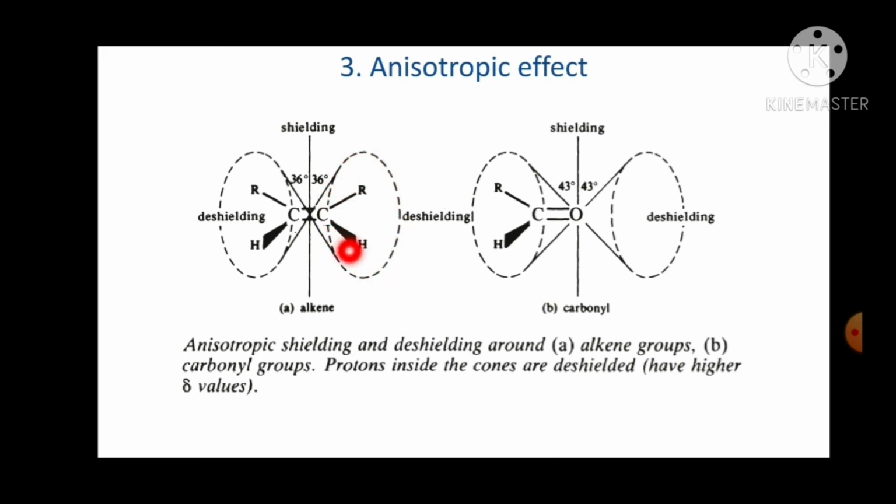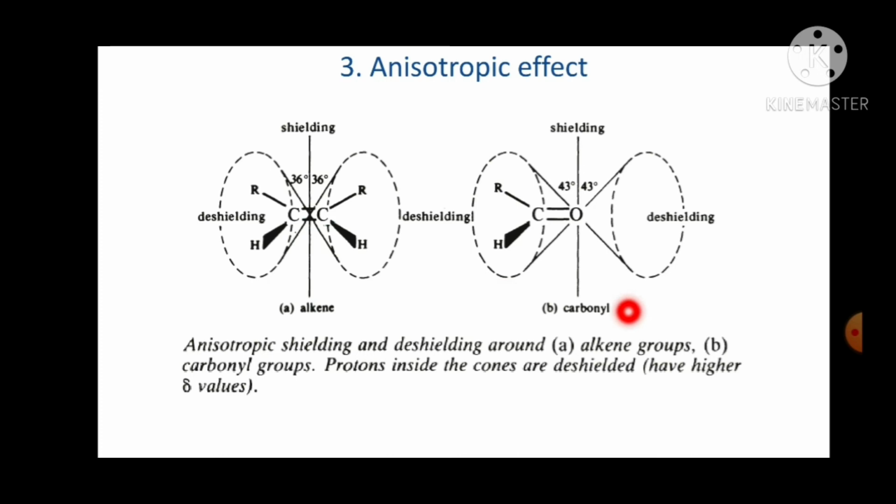This cone, represented with the dotted line, is where the induced magnetic field is generated, and at the center is the axis along which B0 acts. The protons are in a deshielded zone, because at the center it is diamagnetic and on the periphery it is paramagnetic. Anything coming in a paramagnetic zone will be deshielded, and anything in a diamagnetic zone, opposing the applied magnetic field, will be shielded.